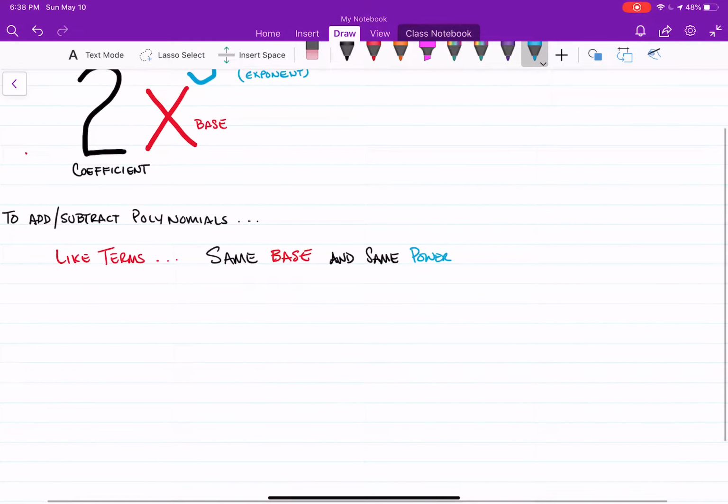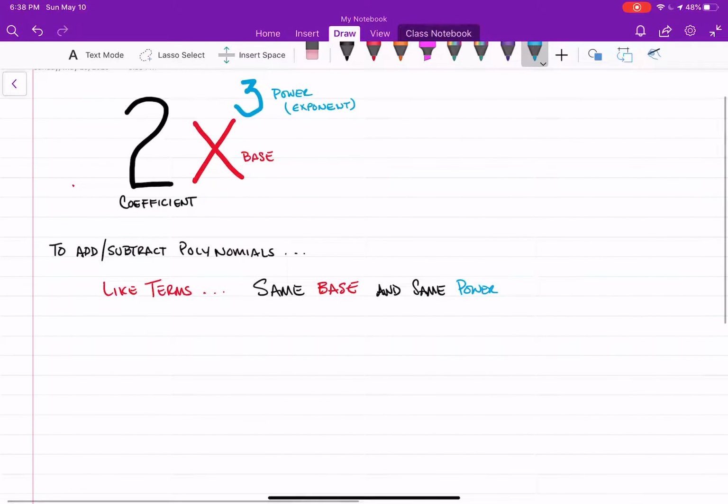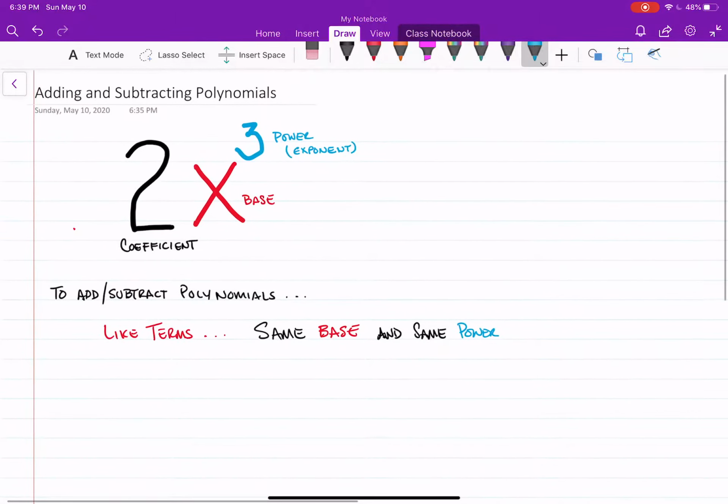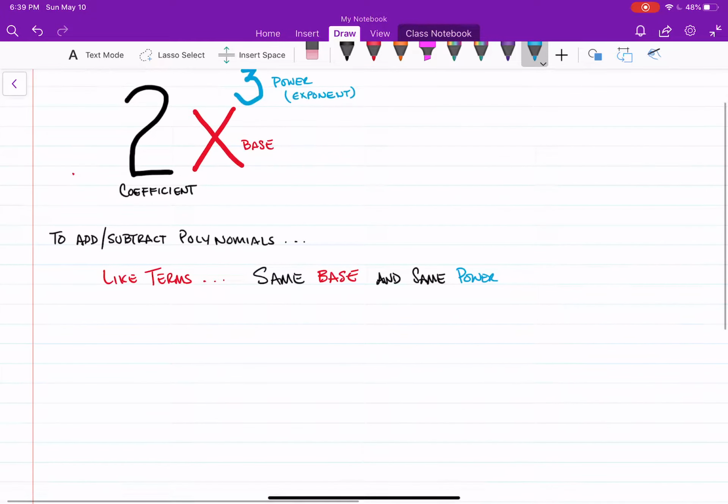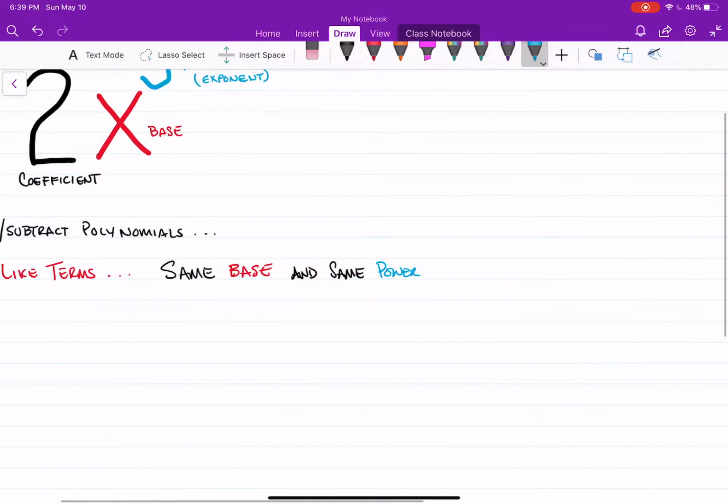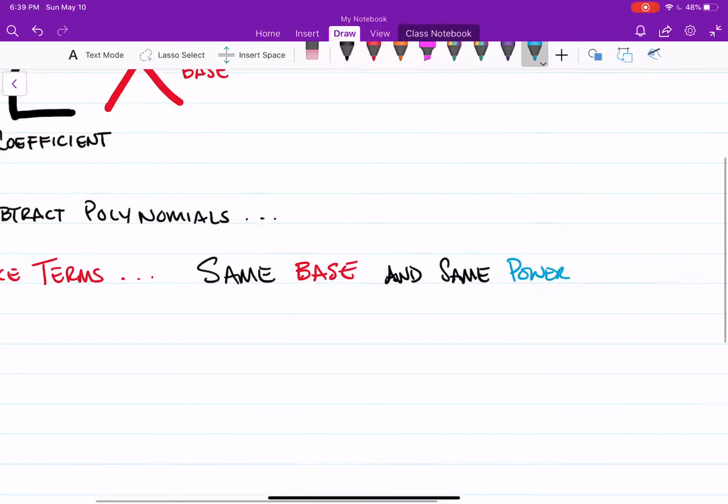Okay, so if you don't have the same base and the same power, then you can't add them. But if you do, then you can. And that's all it really is with adding and subtracting polynomials. That's where the biggest mistakes are made, is because they don't remember same base, same power for like terms.